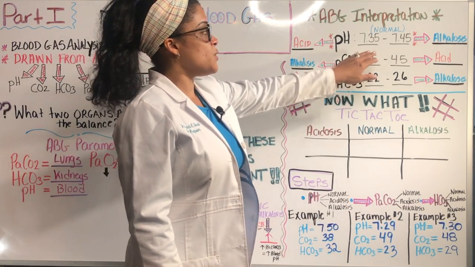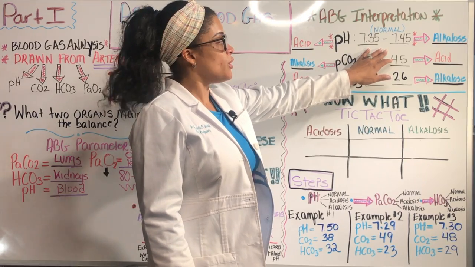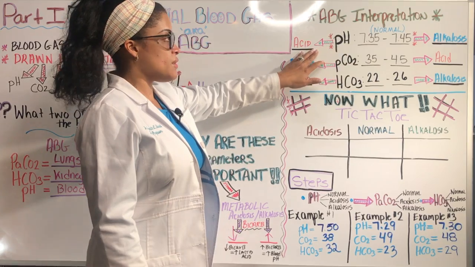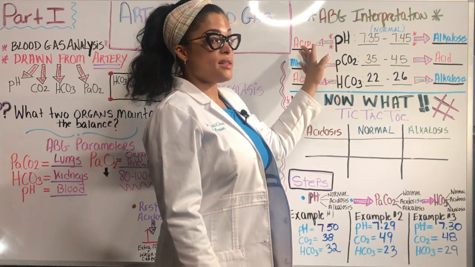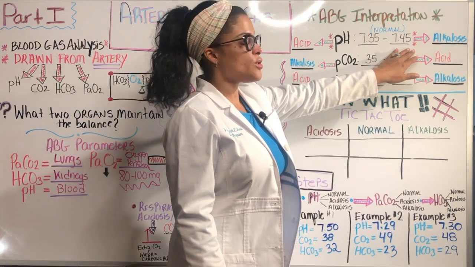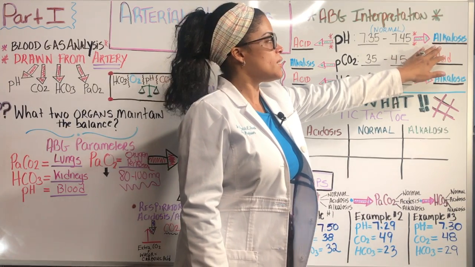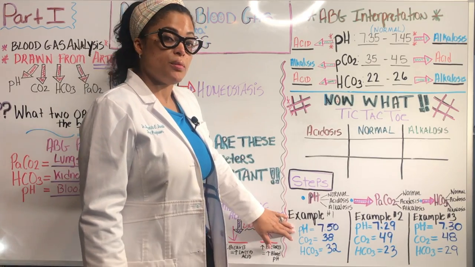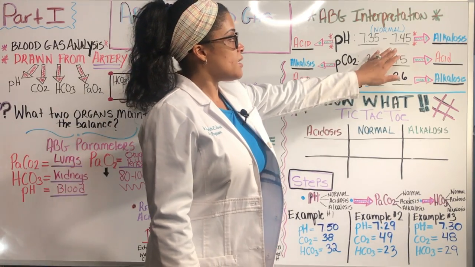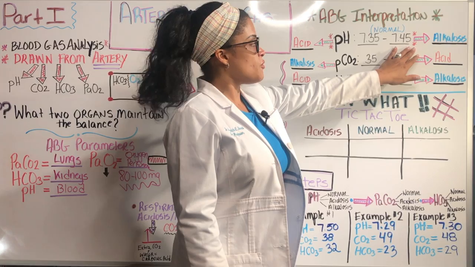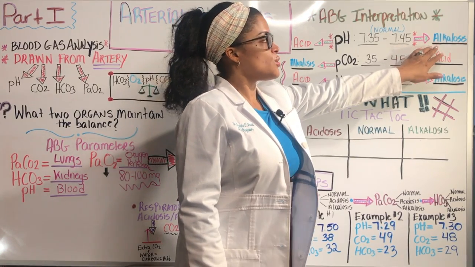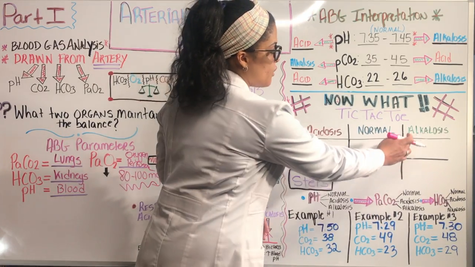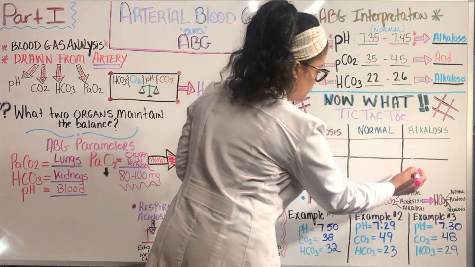Is this within the normal range of 7.35 to 7.45, or is it under 7.35, which makes it acidic, or over 7.45, which makes it alkalosis? Well, this number is 7.50, which is over the maximum of 7.45, so it is an alkalosis environment. So I'm going to plug that in under the alkalosis column.